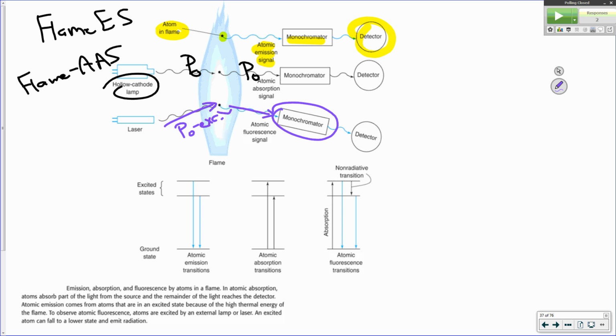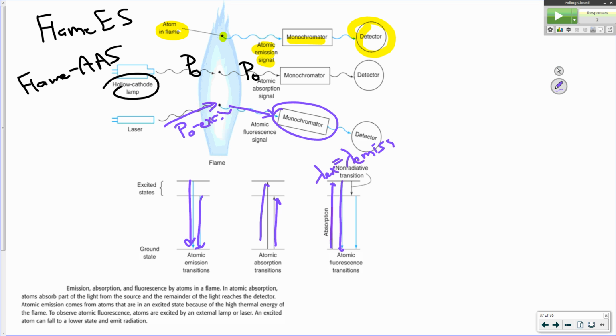Now, if we think about absorption, it's just the capture of light. In emission, it's just looking at light that's given off, going down. In fluorescence, we have both an excitation event and an emission event. So the one where the two wavelengths are equal, lambda excitation equals lambda emission, that's what we call resonance fluorescence.